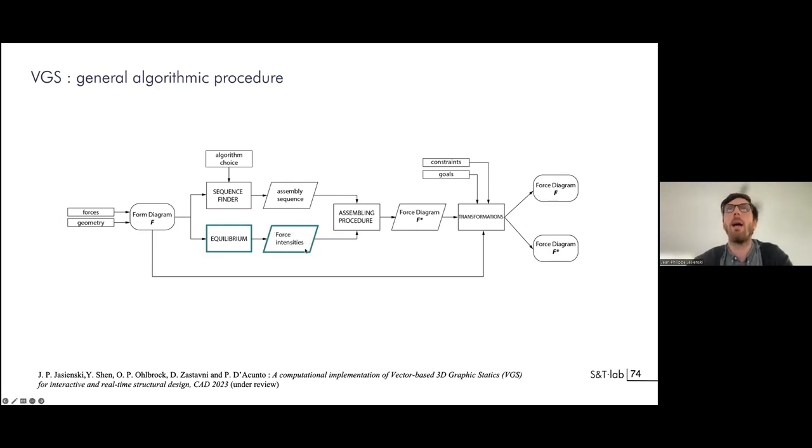But it's quite important to know that it is not mandatory to use our solver. Actually, you can provide the equilibrium from whatever other source, CEM being one of them, but you could use other tools such as Karamba, and just provide the equilibrium to VGS.